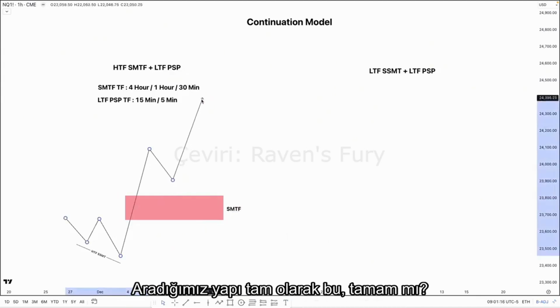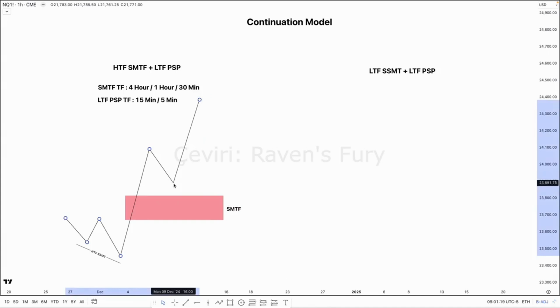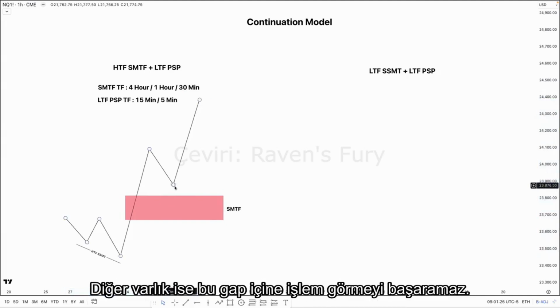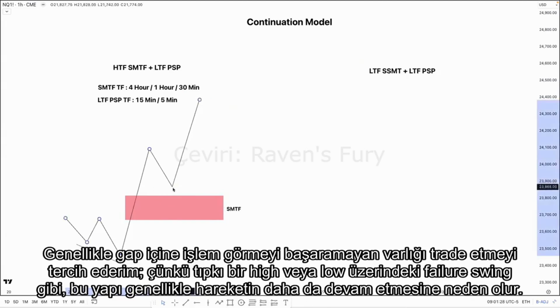This is what we'll be looking for. So one asset will be trading into this gap on the 4 hour, 1 hour, 30-minute time frame, and the other asset will be failing to. Typically, I prefer to trade the asset that fails to trade into the gap, because similar to a failure swing on a high or low, it will tend to move further.